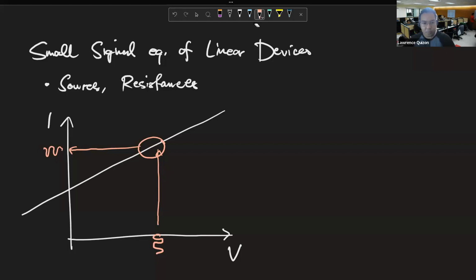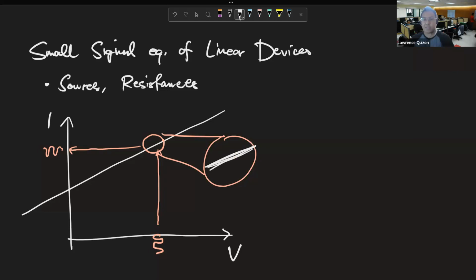It's this part, but zoomed in. The line gets thicker, but it's still the same line. In fact, remember calculus?